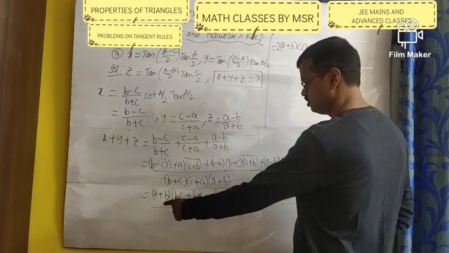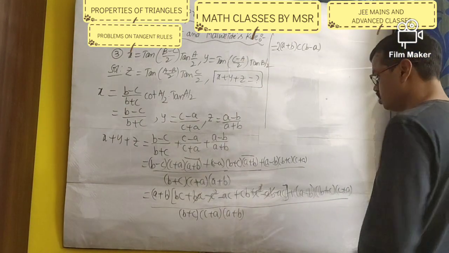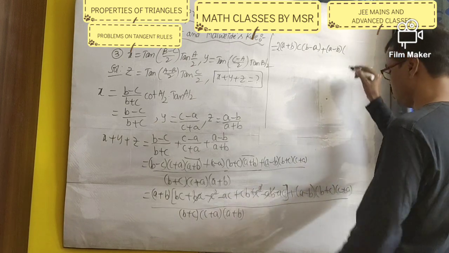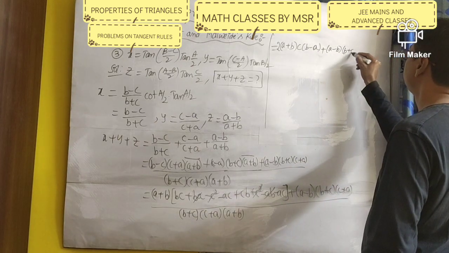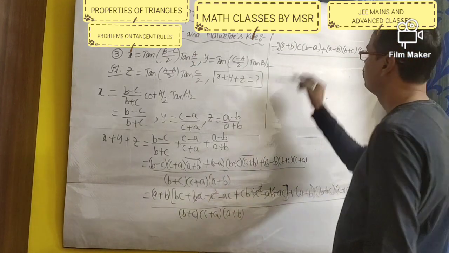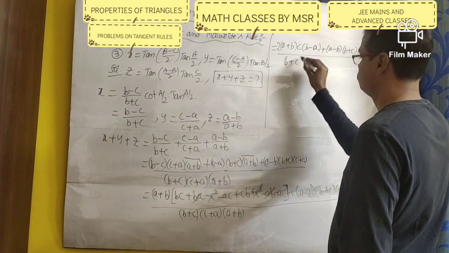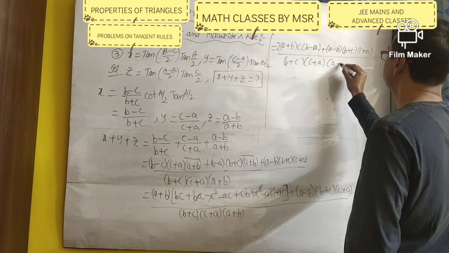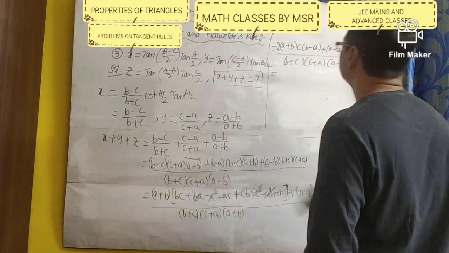This into this term, plus (a minus b) times (b plus c) into (c plus a) by (b plus c) into (c plus a) into (a plus b). Now you check it out.